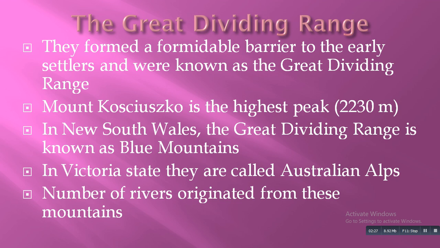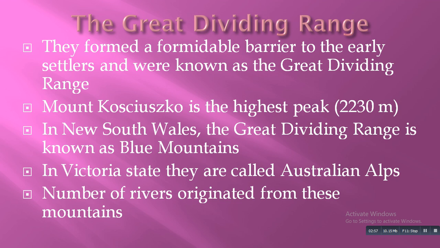In New South Wales and in northeast of Victoria, many peaks are snow covered and are known for winter sports. In New South Wales, this Great Dividing Range is also known as Blue Mountains.